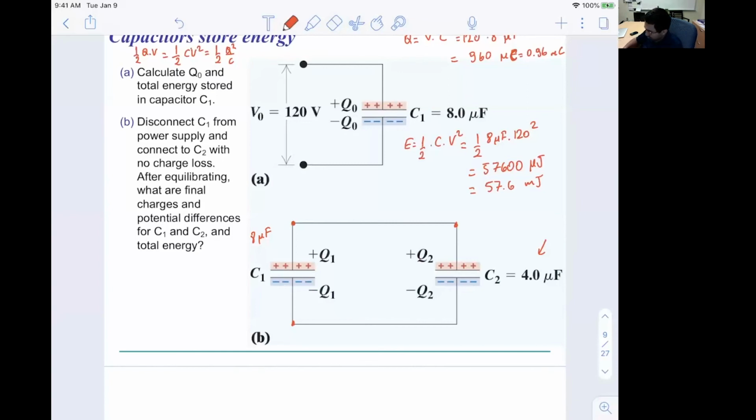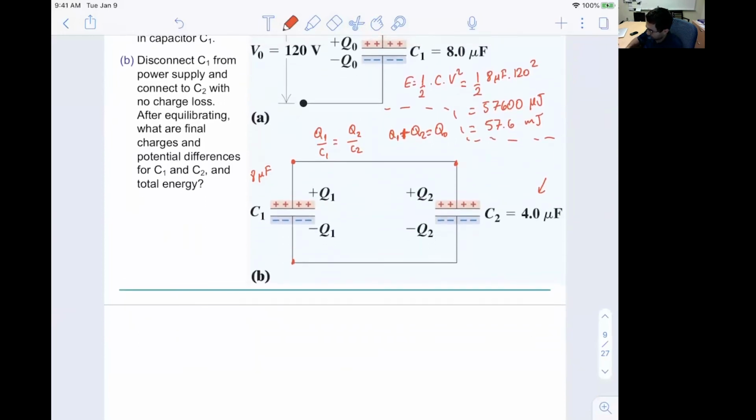So at the end, you have the same voltages, so Q1 over C1 must be equal to Q2 over C2. But you know the total charge is conserved, right? Q1 plus Q2 must be Q0, because they will conserve the charges.